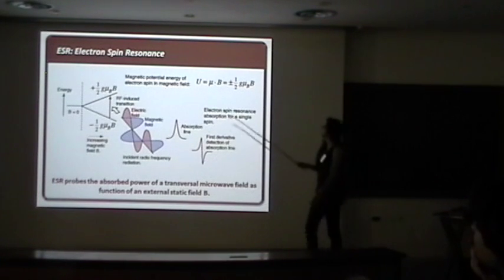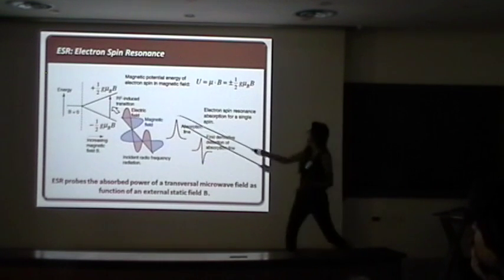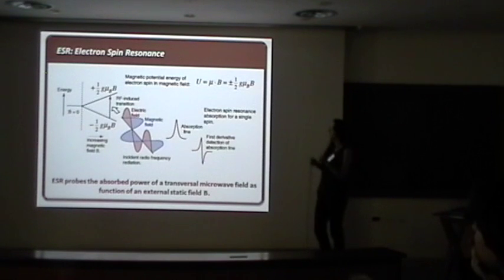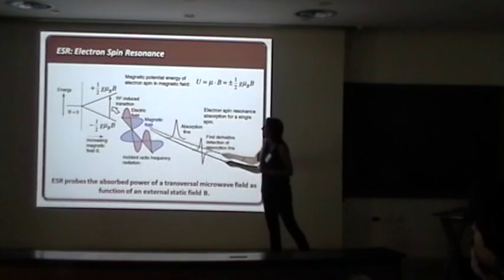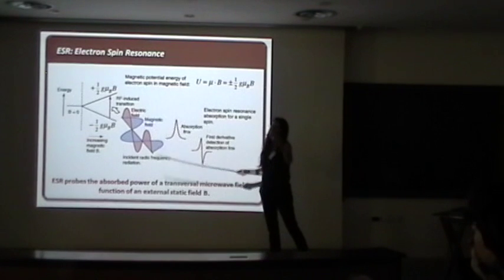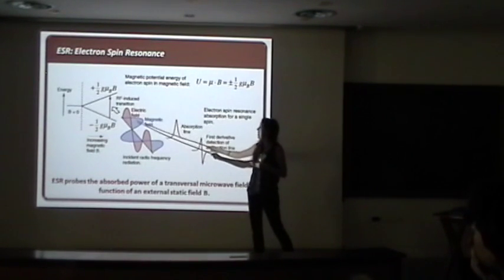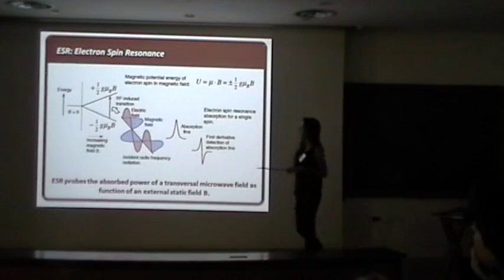Okay, so ESR, probably many of you know that ESR measures the following. If you have your energy levels and you apply a magnetic field, you can Zeeman split your energy levels. And if you apply RF radiation in the system, you can tune this external field in such a way that you can get a resonance of the energy of the radiation with the energy of the Zeeman splitting.